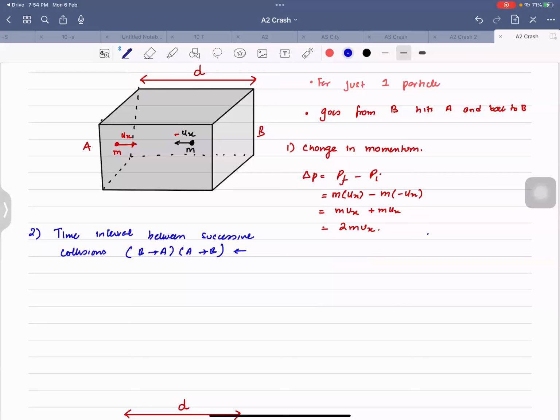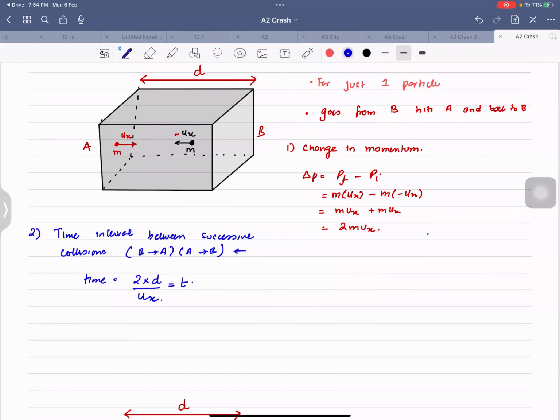The time you take depends on the distance you travel, and the distance you travel is from B to A and back to B, which is 2 times this distance d that I've written on the top. Divided by the speed, which is ux. So this is equal to t.